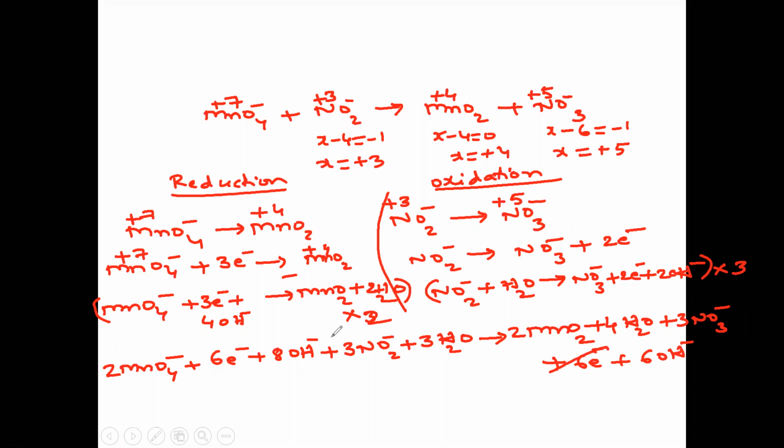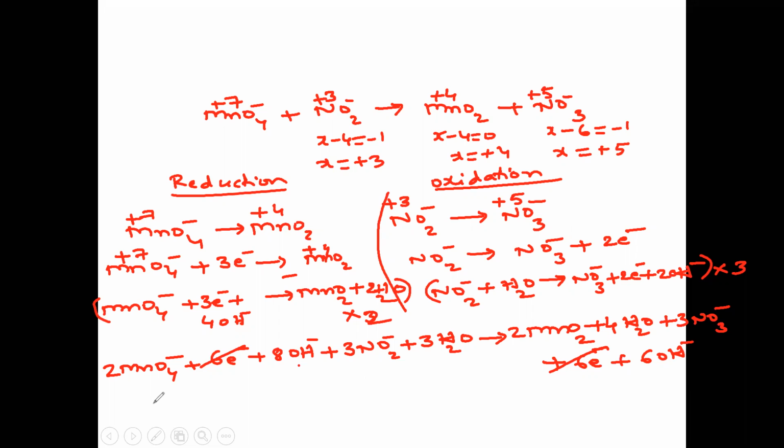So the 6 electrons on each side get cancelled. 8 OH minus and 6 OH minus: you have to bring the OH minus to this side, so it becomes 2 OH minus on the other side. So this OH minus you have to bring to this side, and the water you have to bring to that side.